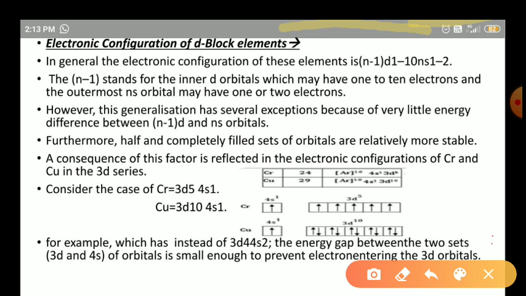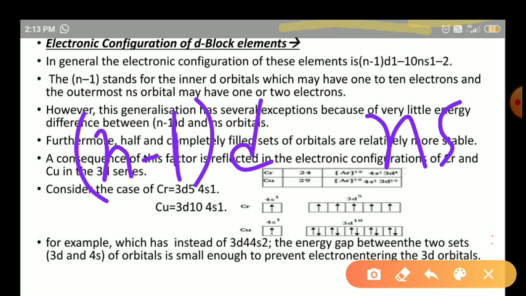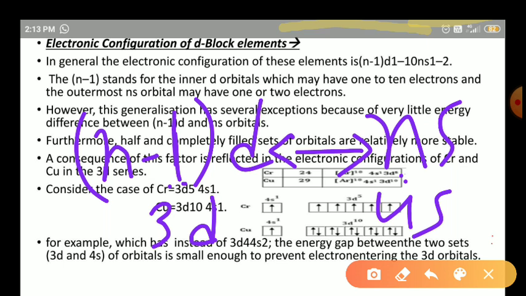And in the s orbital, we already know that 2 electrons are filled. Between the n minus 1 d and the ns there is a small energy difference. It means the 3d and the 4s: a small energy difference exists between the 3d and 4s orbitals.